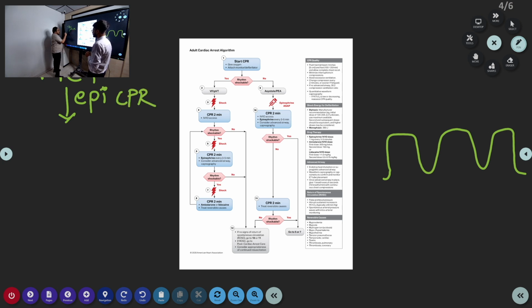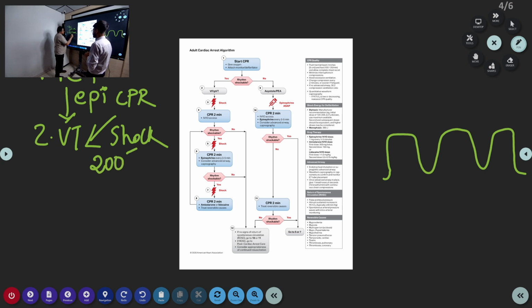Later, at the second assessment, it was showing ventricular tachycardia. So you delivered a shock with a biphasic defibrillator, 200 joules.